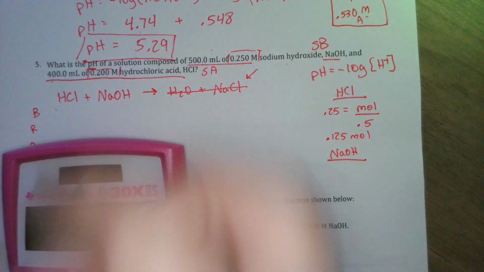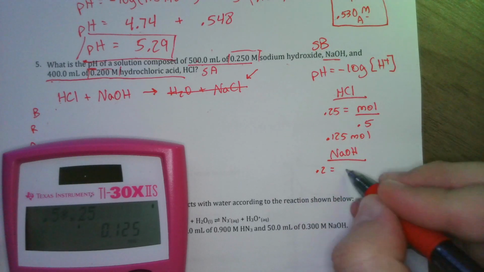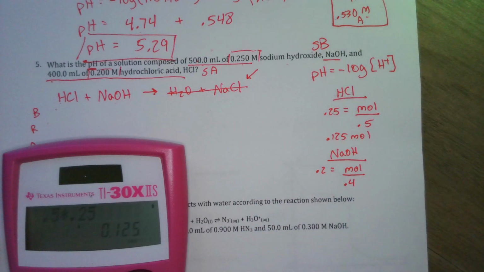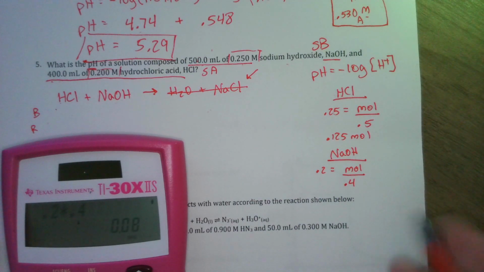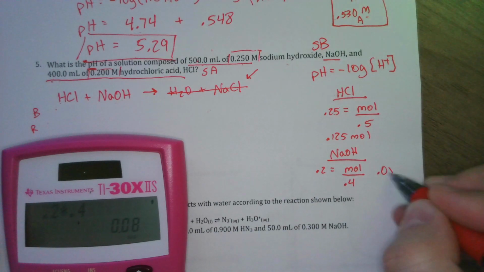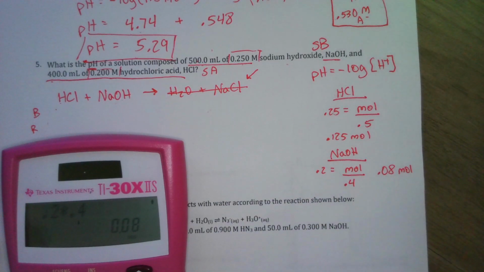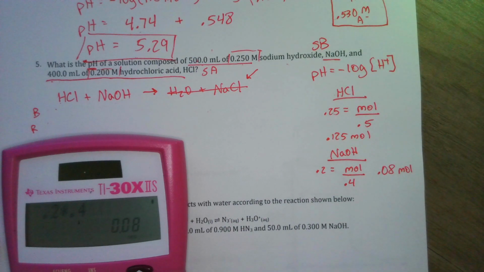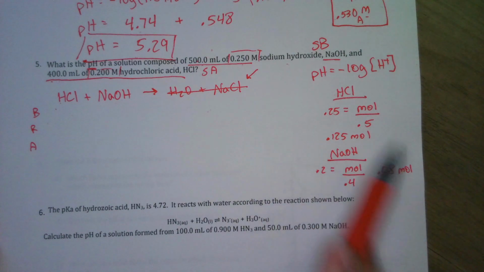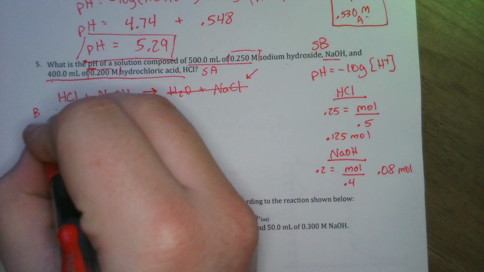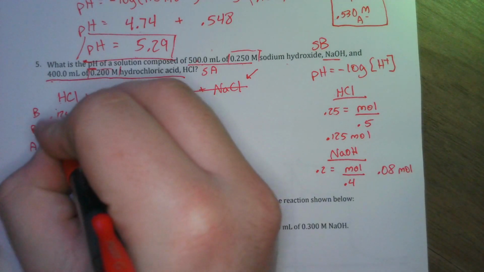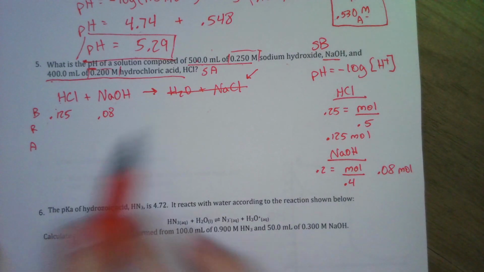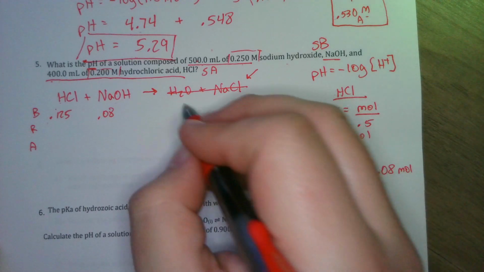The base's molarity is 0.2 equals moles divided by its volume, 400 milliliters or 0.4 liters. 0.2 times 0.4 gives you 0.08 moles of base. So I have more moles of acid than I do base, so I should have some acid left over when I'm done. I'm going to take these numbers for moles and plug them in over here. 0.125 moles of HCl, 0.08 moles of NaOH, and I have none of this, but I don't care about it at all.